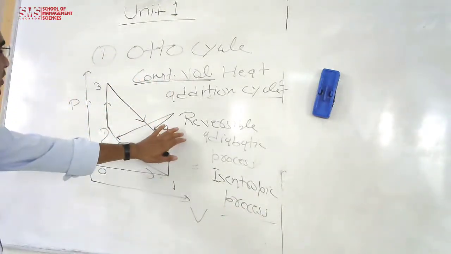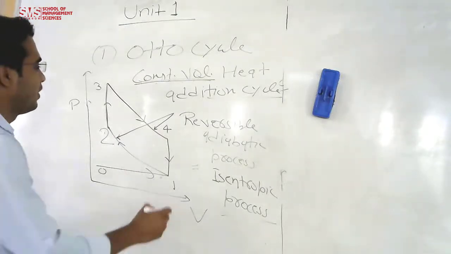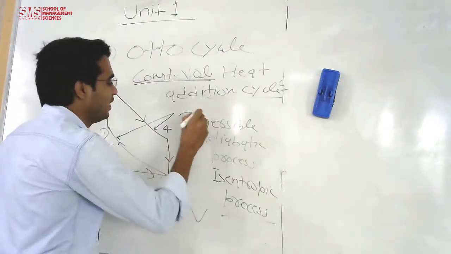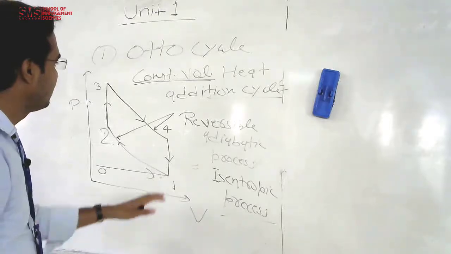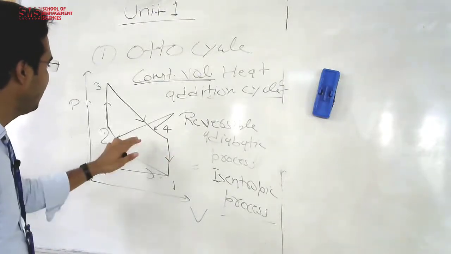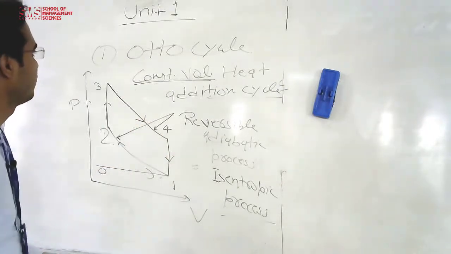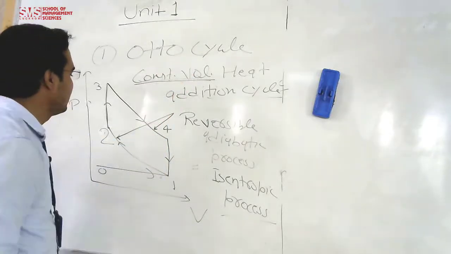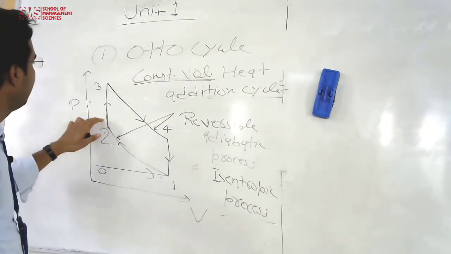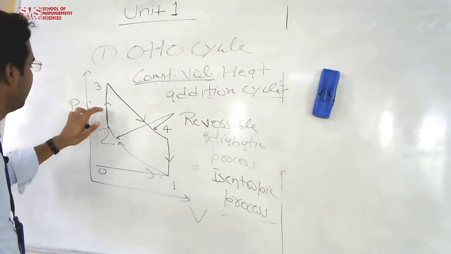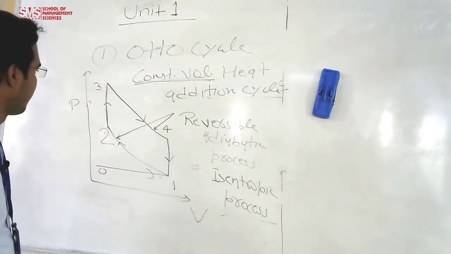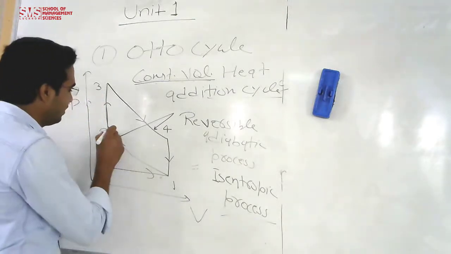You must concentrate only here. I will provide all the notes of all the units, so you must only understand the concept. What is Otto cycle? Heat added at constant volume. Now understand the cycle.